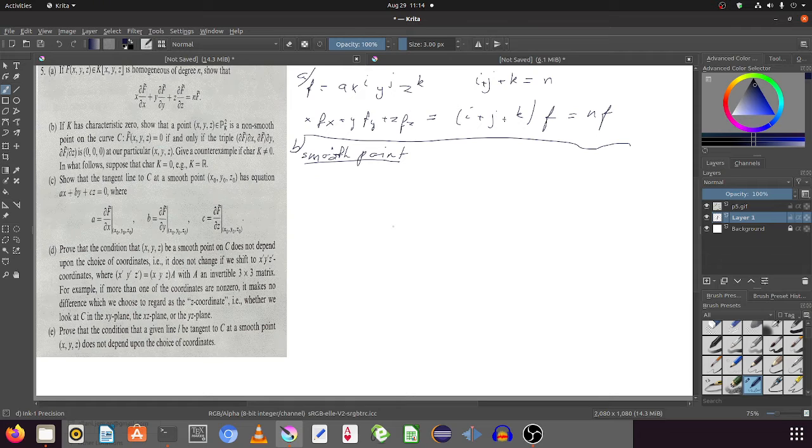So let's assume we have a point (x naught, y naught, 1) and want to show that we know that the affine curve has a smooth point.